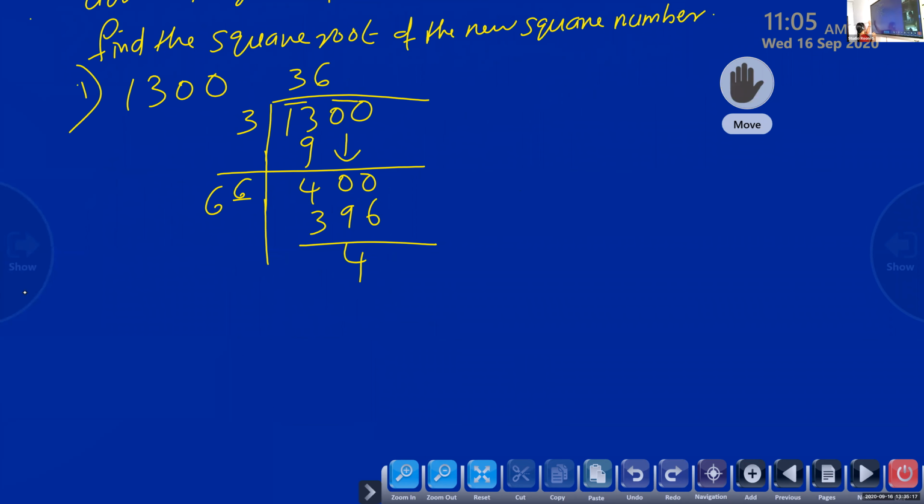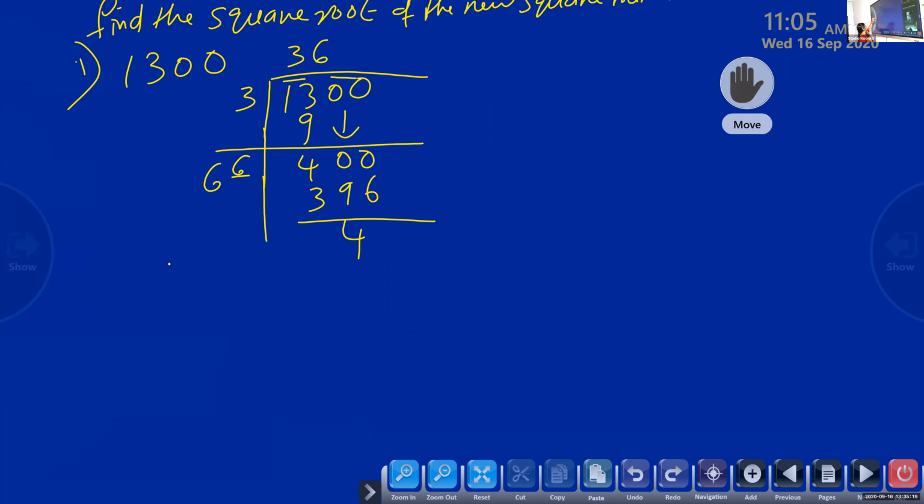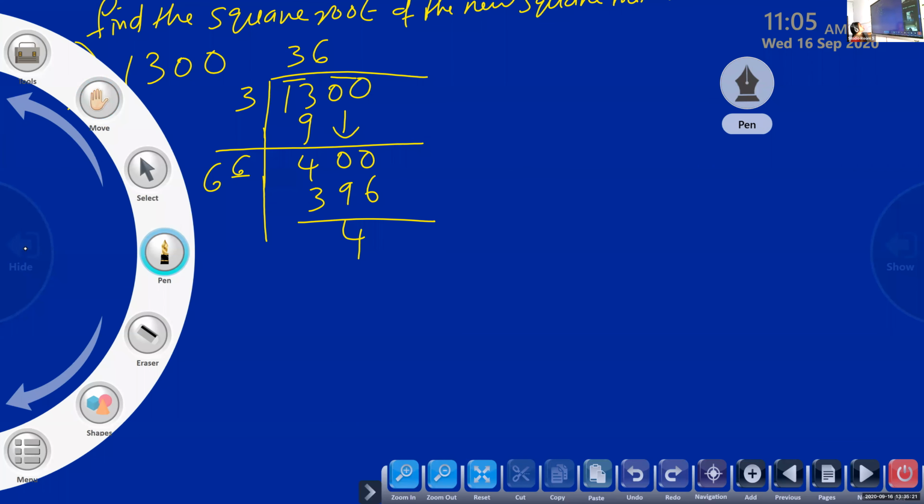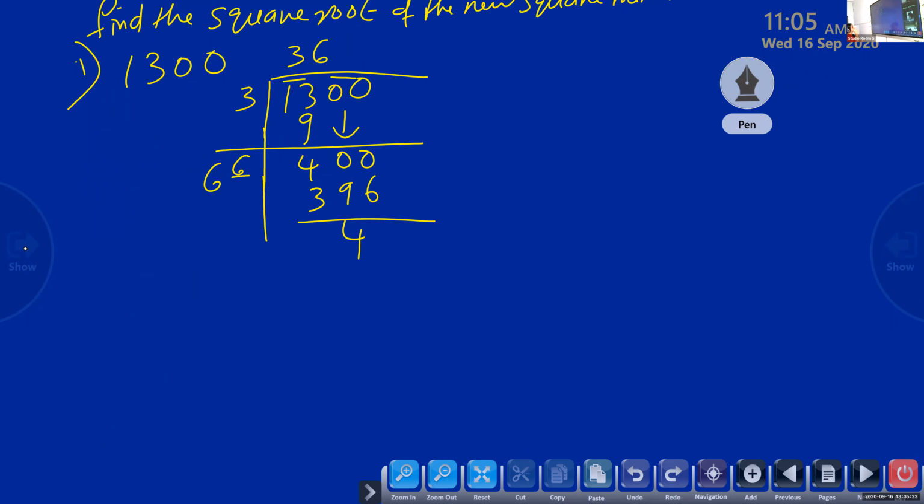Now all of you listen to the board. See, 1300 and 36. The root of 1300 is not 36 because we didn't get 0 there. If we got a remainder of 0, we could say that the root of 1300 is 36.